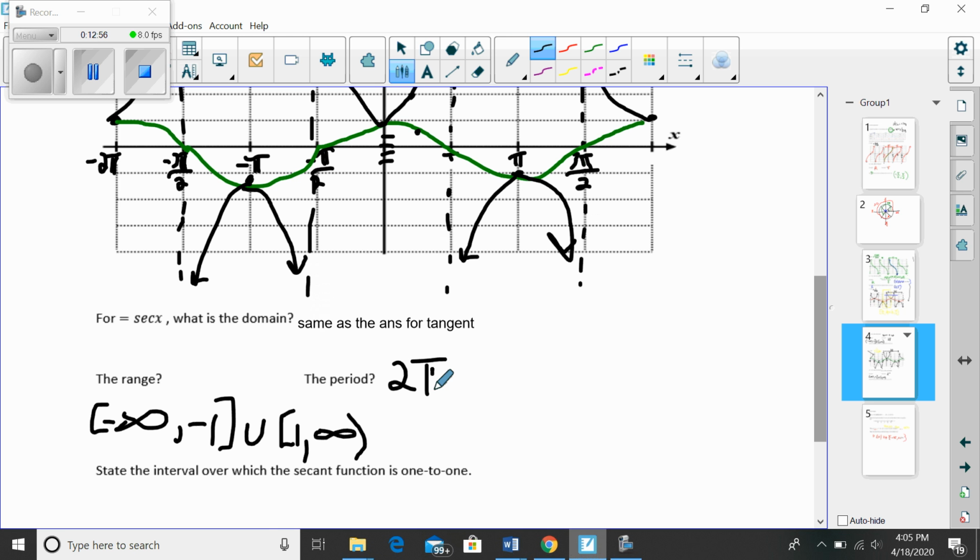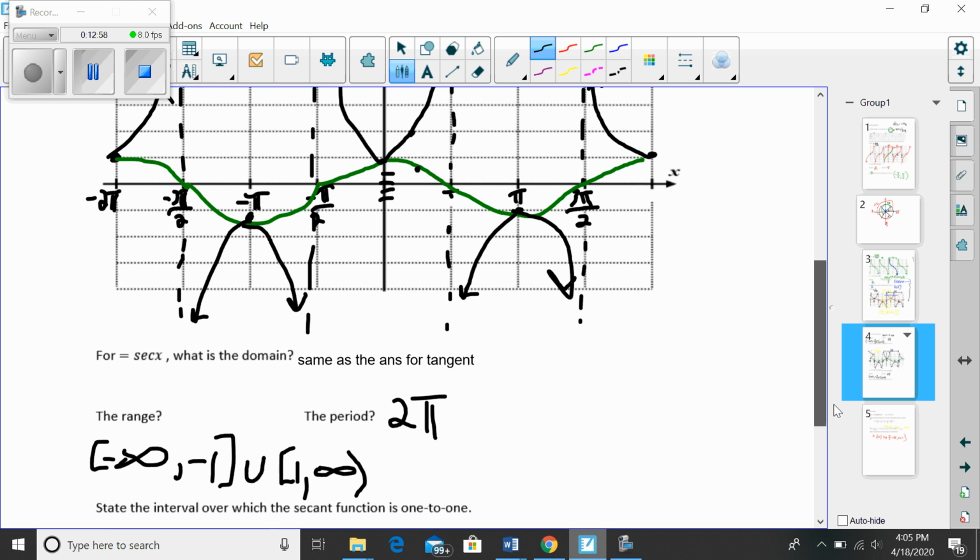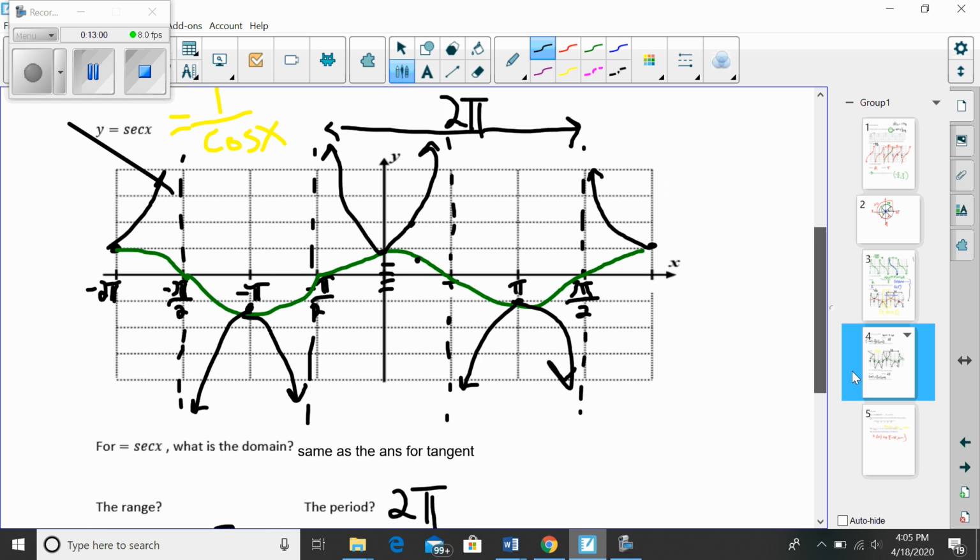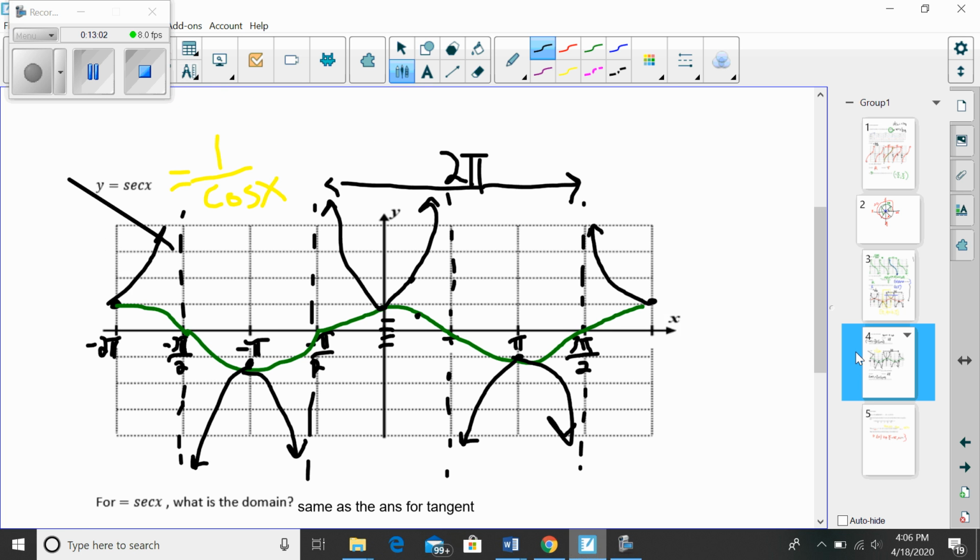And then where am I 1 to 1? Okay. 1 to 1 would occur if I went like this.